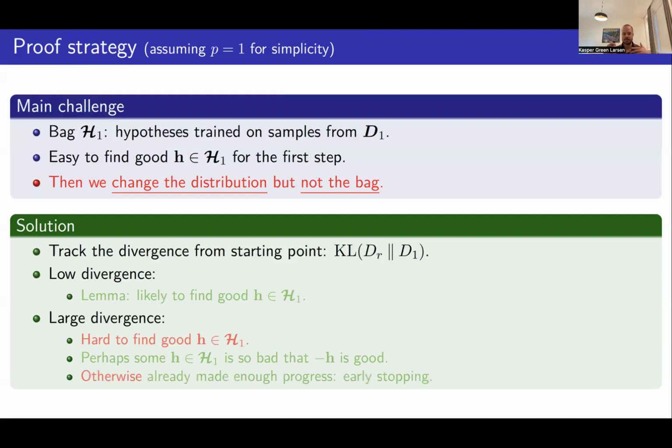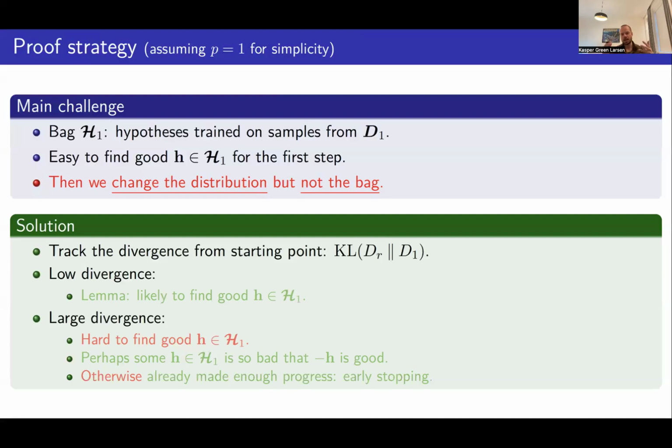And finally, if this does not happen and we still have large divergence between these two distributions, then we can argue that in some sense we have made a lot of progress in these steps that we've done in this kind of batch of our rounds. We made so much progress that we don't have to do anything more. So maybe if you are aware of the analysis of AdaBoost, classic AdaBoost, what you do there is you look at some kind of exponential loss and then you argue this goes down very fast.